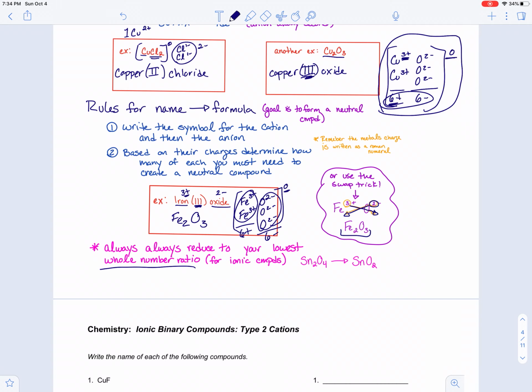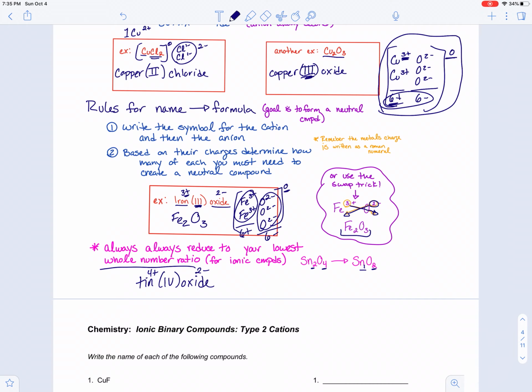And I said I would show you another example. So if you're looking at tin oxide here, then we'll see that in this particular case, I got a 2 and a 4 as my ratio when I swapped them. And so that needs to be reduced to a 1 and a 2. And again, you don't have to write 1, that's assumed. So in this case, I think this was tin 4 oxide. So tin with a 4+ charge.